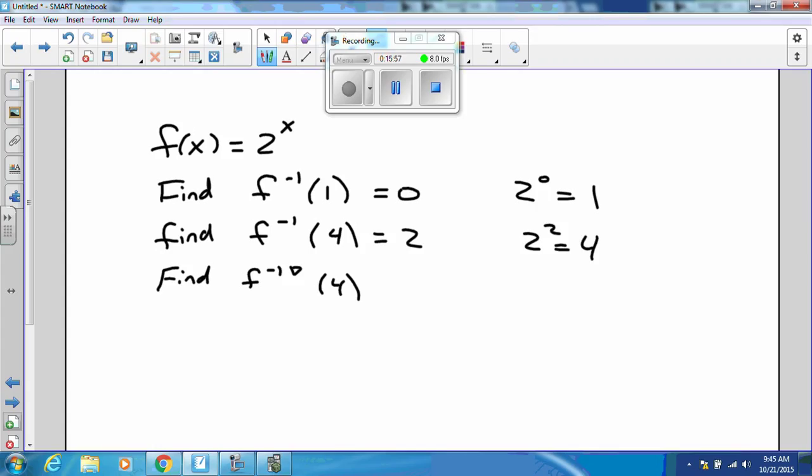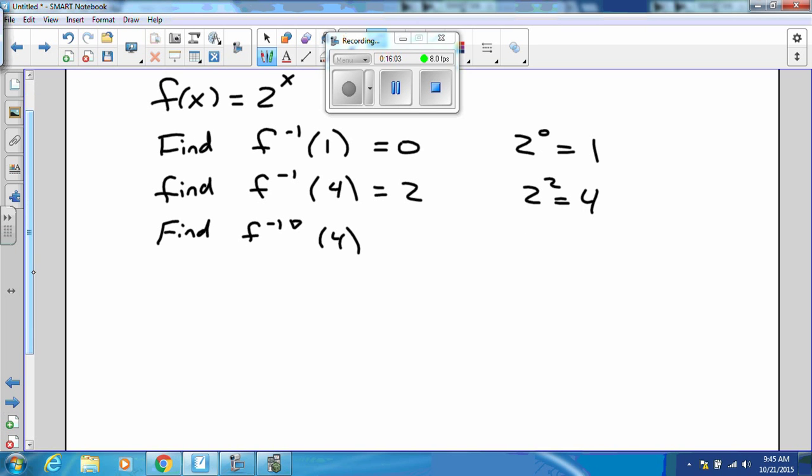And now the $64 question. What is f inverse prime of 4? What do you say, John? 1/4. That's it. Using our inverse function theorem, 1 over f prime of f inverse of 4.